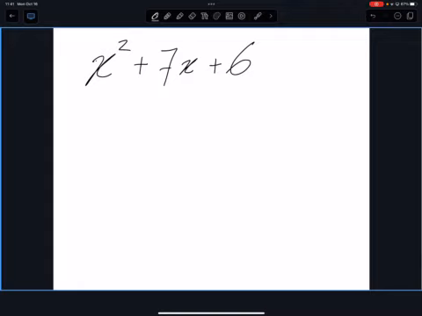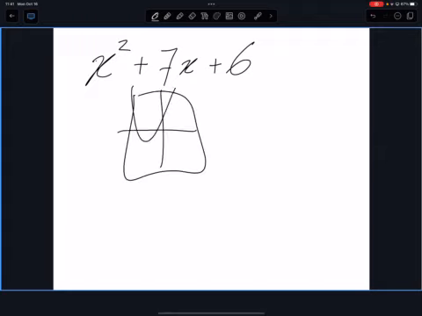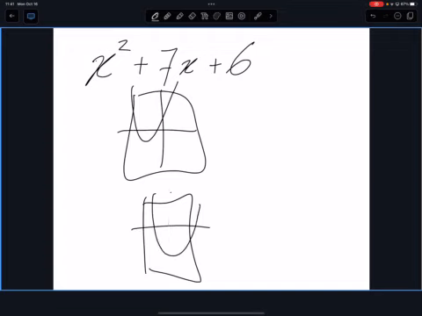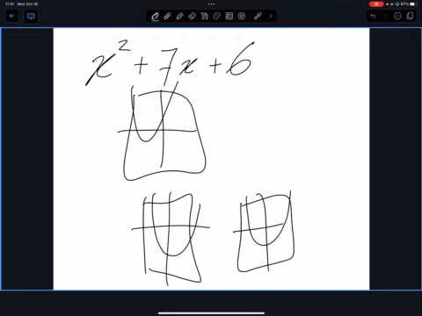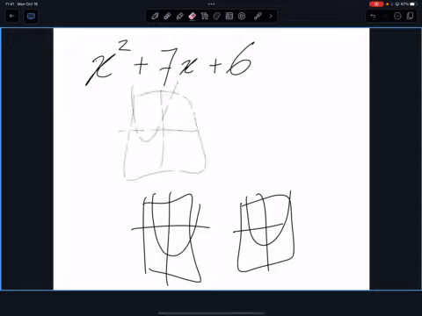I'm not sure if I've seen it in CSEC, but it is in CAPE. They give you this, and then they give you 4 graphs and ask which of the following is it. So you have to complete the square here.